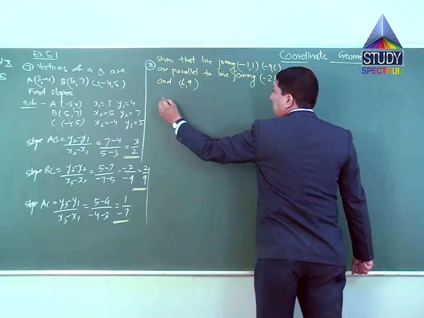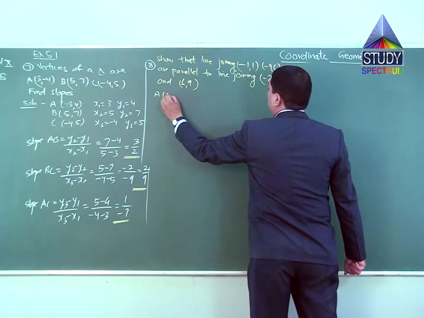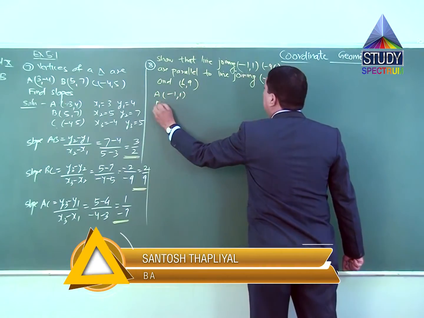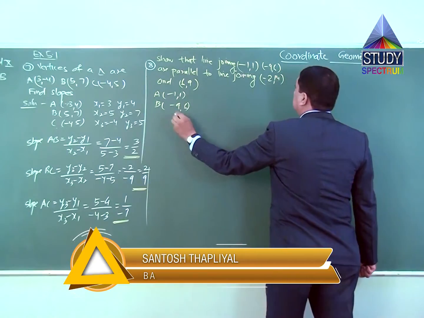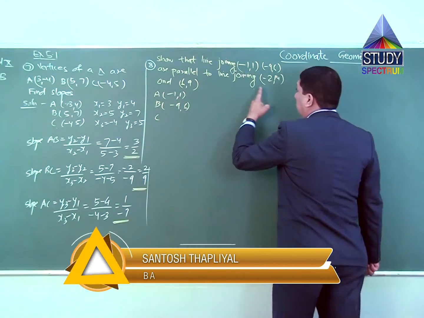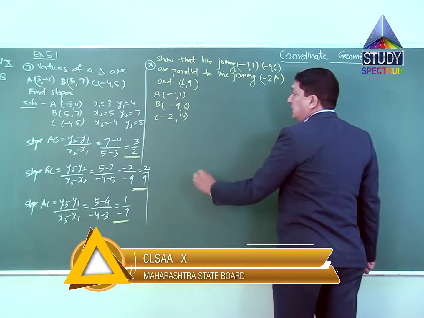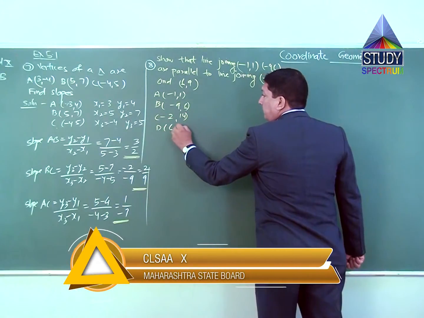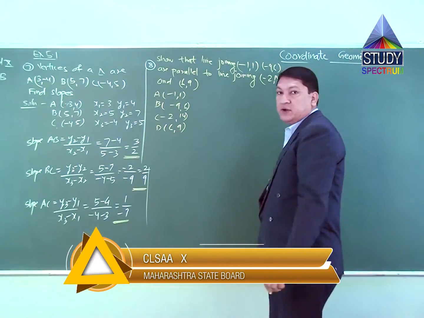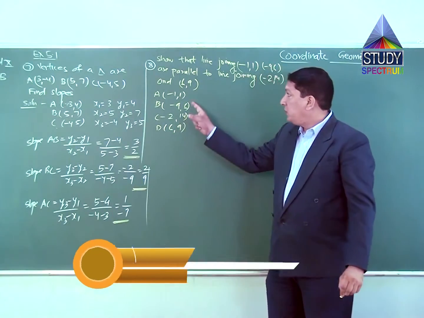Now let's name them. A say -1, 1, B -9, 6, C -2, 14 and D 6, 9. These are 4 points given to us. We'll recheck the points.